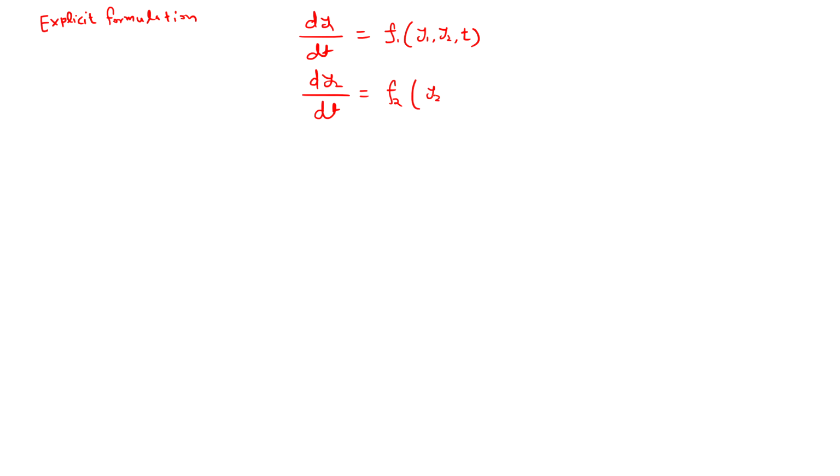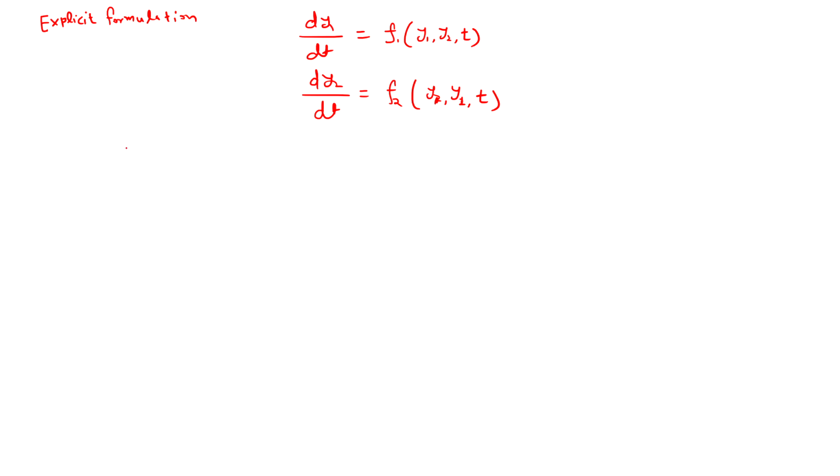So let us write down the explicit formulation. So what are my ODEs? My ODEs are dy1 over dt is equal to f1 of y1, y2, t. The second ODE is dy2 over dt is equal to f2 of y1, y2 and time. So let us discretize the first ODE, since this is explicit formulation.